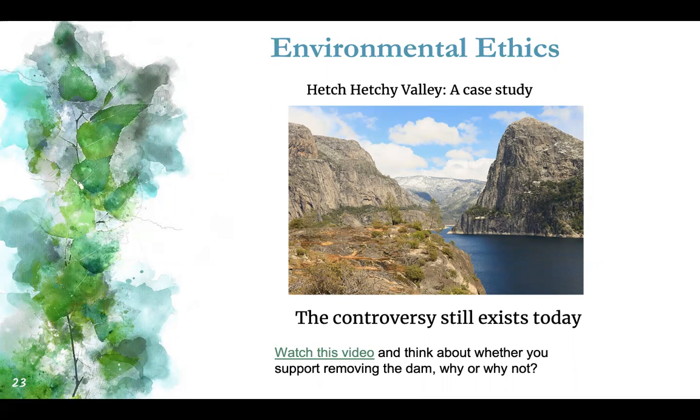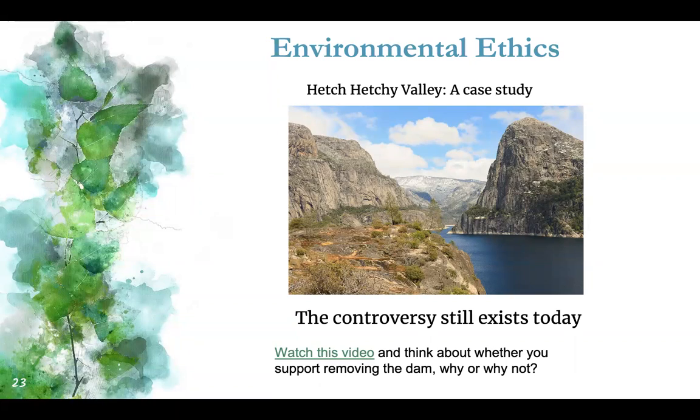Now, two groups arose from the so-called conservation movement. One was considered utilitarian conservation, and the other group were called preservationists. So the utilitarian conservation group was headed by Gifford Pinchot, who was the chief forester under Teddy Roosevelt.